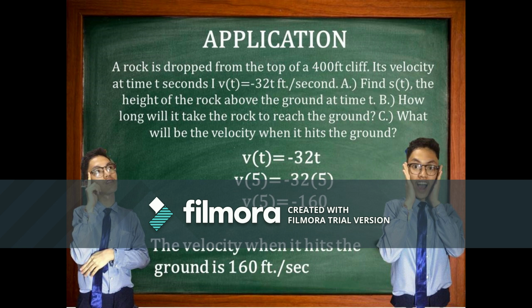Our v of 5 is equal to negative 32 times 5, or simply negative 160. Our answer would be the velocity when it hits the ground is 160 feet per second. Note that we didn't include the negative sign since we are saying that it already hit the ground.